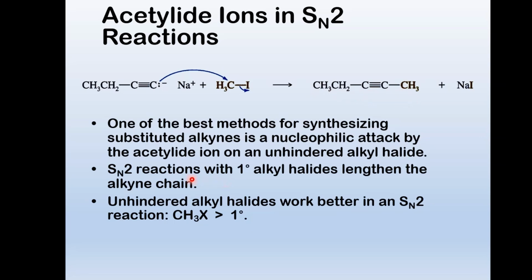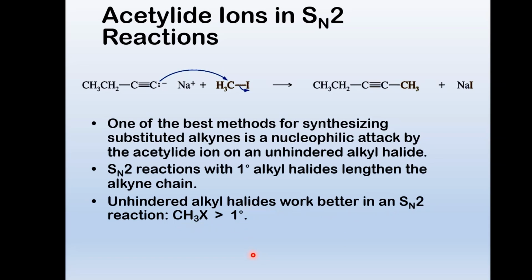So this is one of the best methods for synthesizing substituted alkynes, a nucleophilic attack by the acetylide ion on an unhindered alkyl halide. SN2 reactions with primary alkyl halides lengthen the alkyl chain. Unhindered alkyl halides work better in an SN2 reaction. That's why the methyl is better.